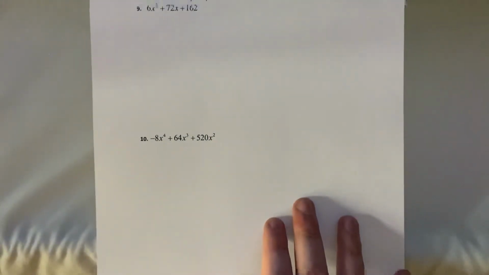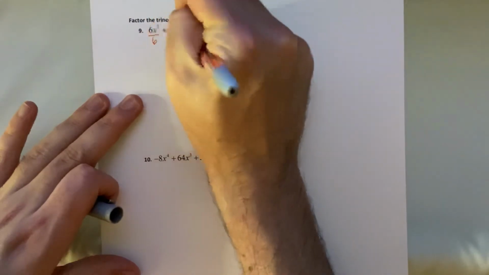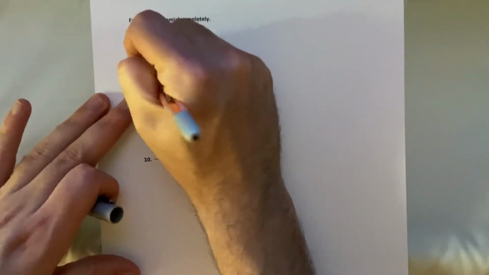Now lastly, let's look at some where we have to factor out a greatest common factor as well. Factor the trinomial completely. Okay, so for now, if we see a number in front of the x squared, we don't know how to deal with that yet. We'll learn it in the next section. So you can expect that everything should be able to divide by 6. And by that I mean it factors out in front.